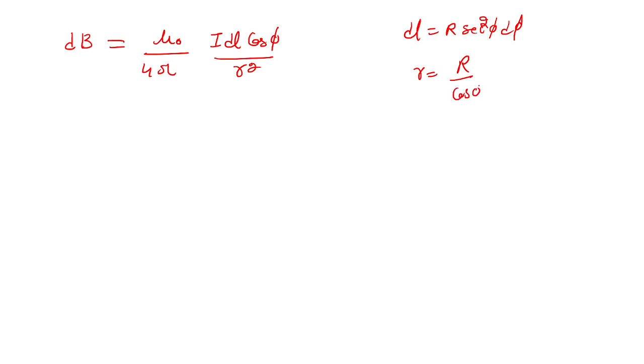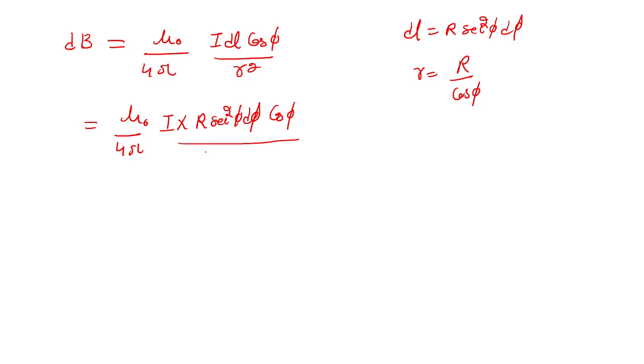Putting the values in, we get I, and dl is r secant square phi d phi, cos phi over r square, and r square is small r square over cos square phi. So this is the value of cos square phi.